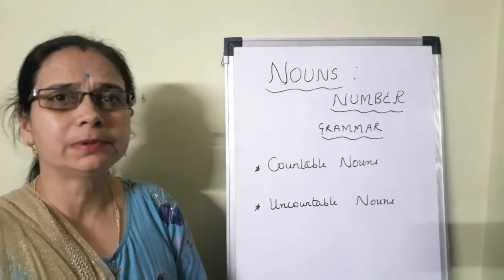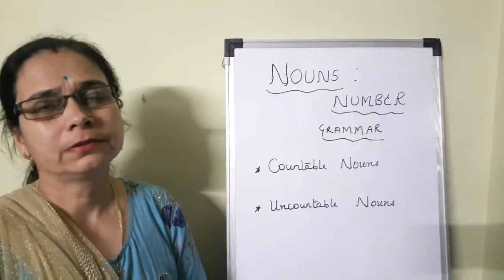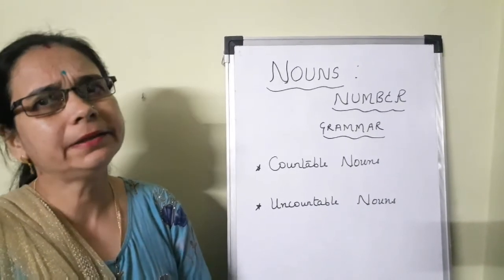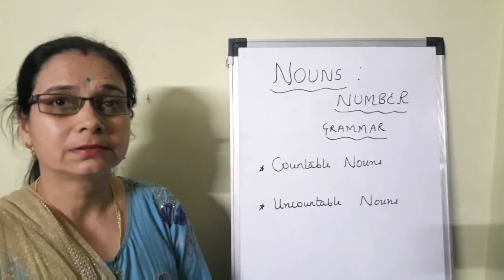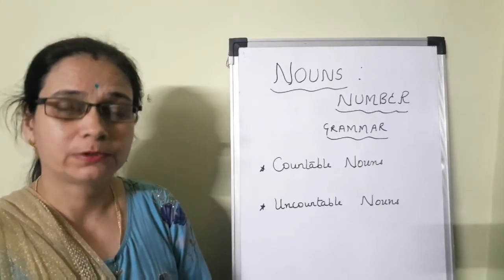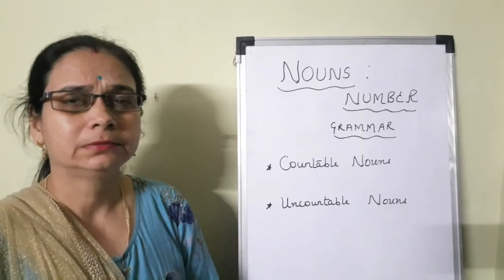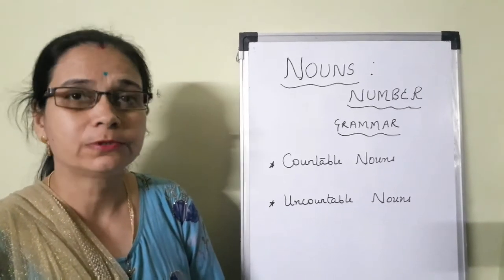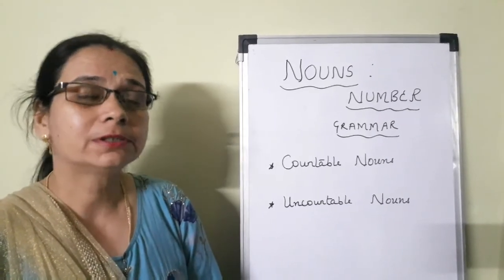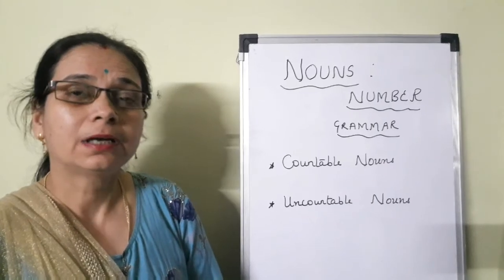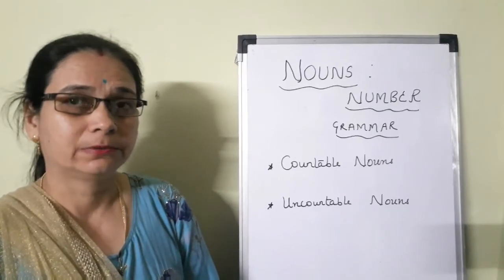Now, what is countable nouns? Of course, you are familiar with it. Anything that can be counted comes under countable nouns. Then, what is uncountable? Just the opposite of countable. Anything which cannot be counted comes under uncountable nouns.